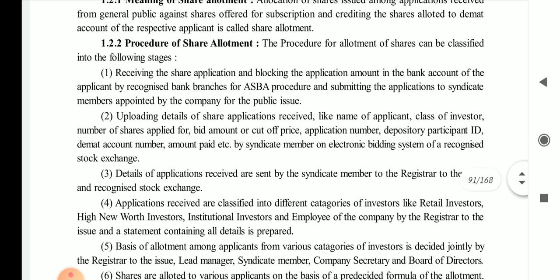First of all, the syndicate member has to do all the necessary procedure and upload all these details. The bid amount means the offered price. All the details should be uploaded to the recognized stock exchange.